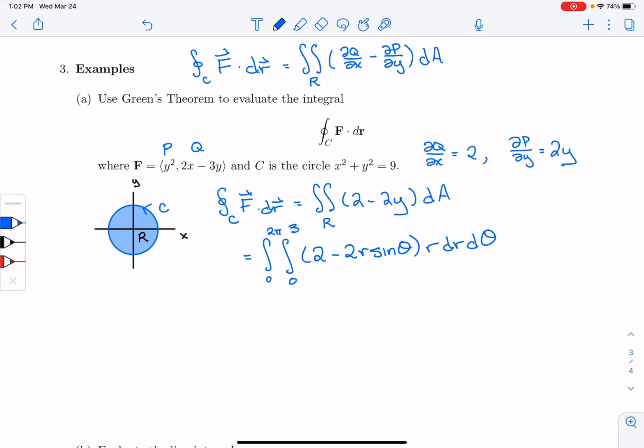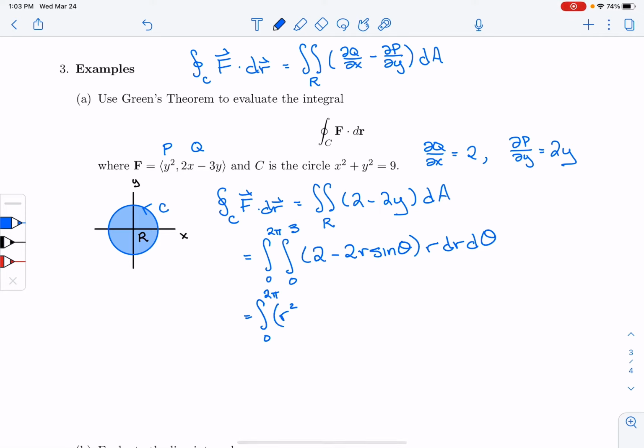So first I'm going to integrate with respect to r first. So I'm going to get the integral from 0 to 2 pi. And when I integrate 2r, the antiderivative of 2r is going to be r squared.